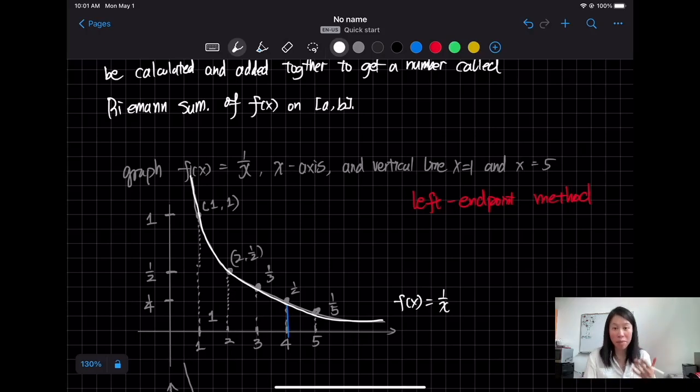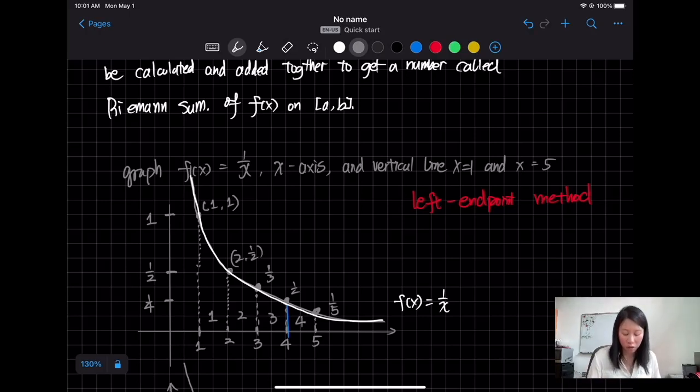By the Riemann sum method, I'm going to break this into multiple rectangles: this is the first one, second one, third, and fourth.